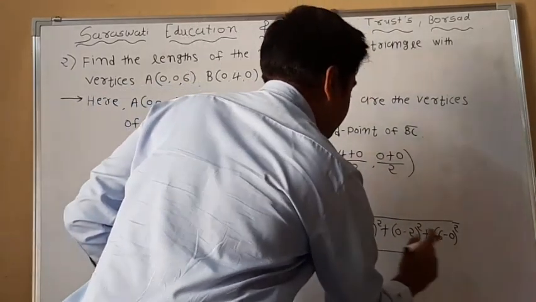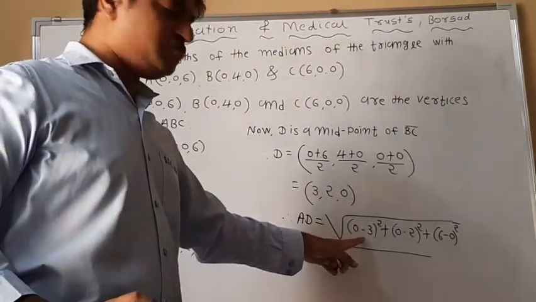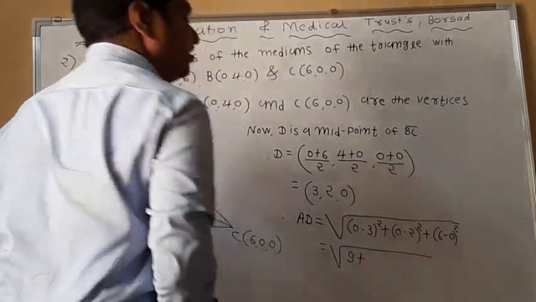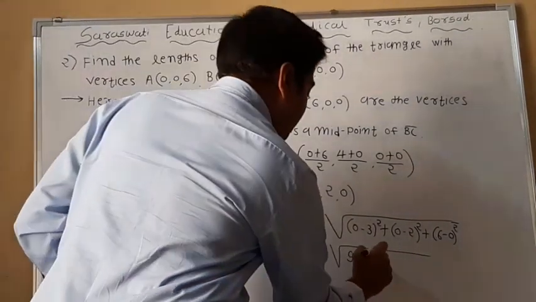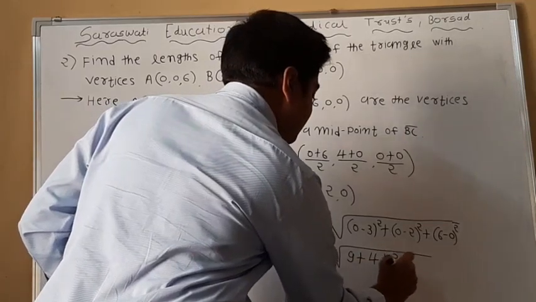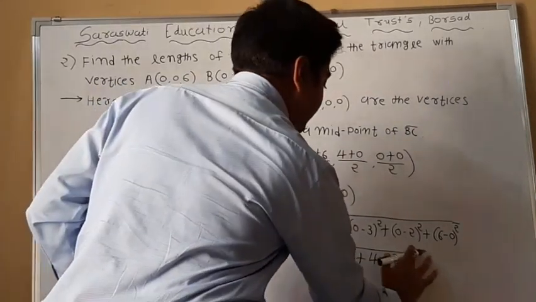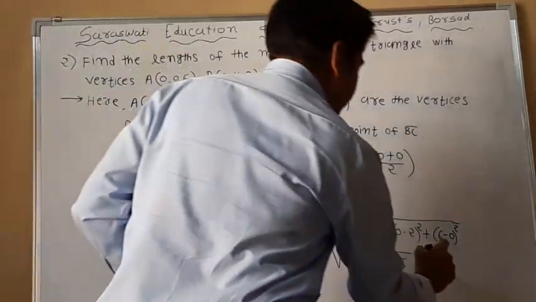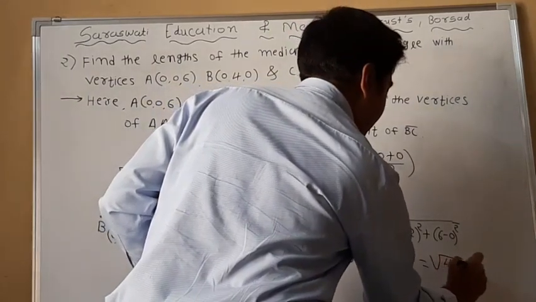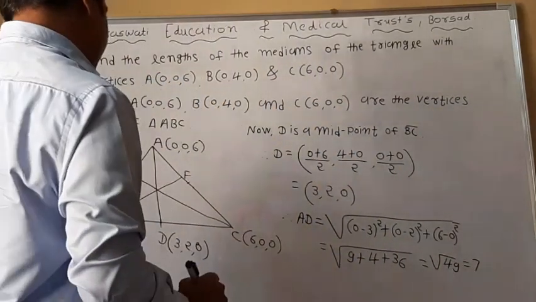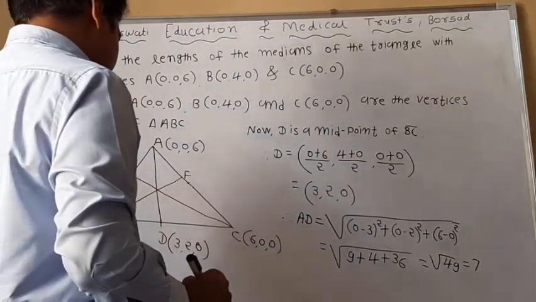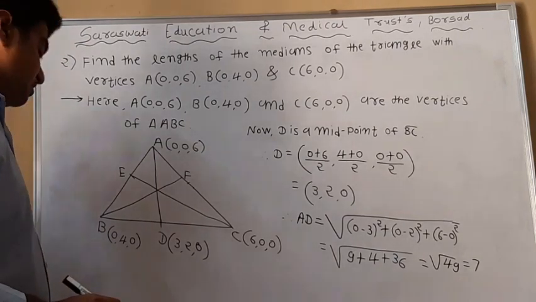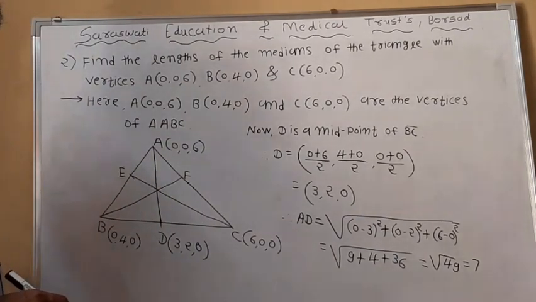Now simplify this term. 0 minus 3 means minus 3 whole square, so 9. 0 minus 2 means minus 2 whole square, plus 4, and 6 square means 36. Now add these numbers. 36 plus 4 means 40, 40 plus 9 means under root 49 is equal to 7. So here we get the length of the distance AD is equal to 7 units.